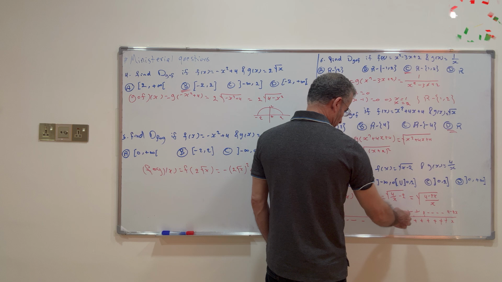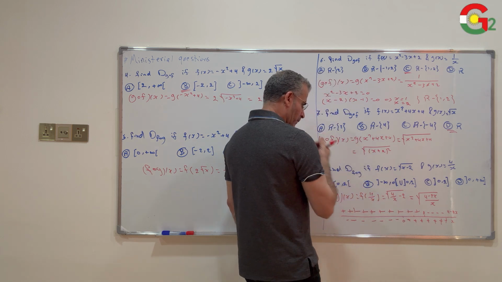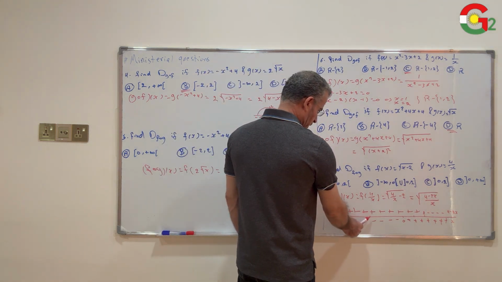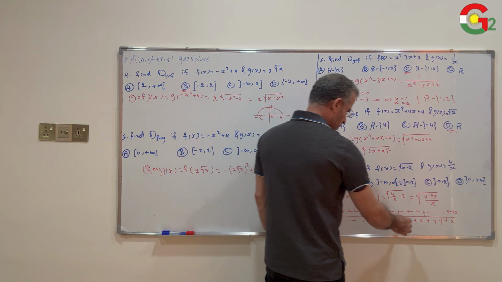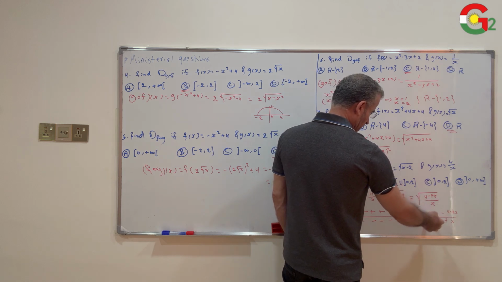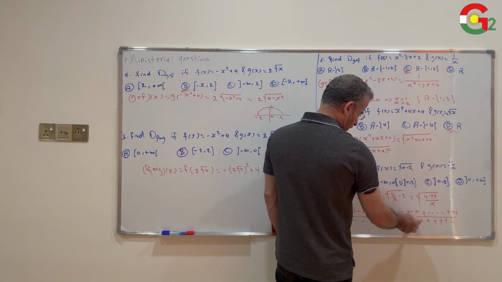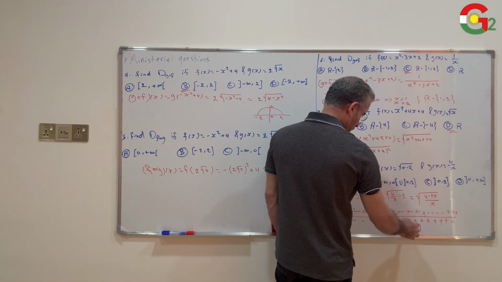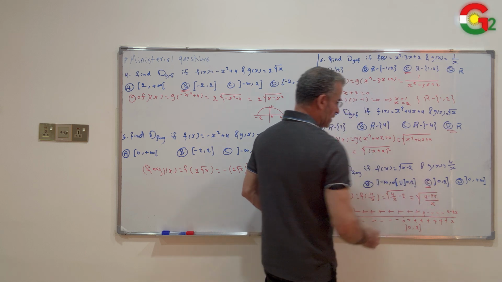Less than 2, it is positive. Then the term under the square root should be positive. Positive over negative is negative, so I neglect negative infinity to 0. Negative over positive is also negative, so I neglect 2 to infinity. Then positive over positive is positive. The domain is from 0 to 2, of course with 2 and without 0, since 0 makes the denominator 0. The right choice is C.